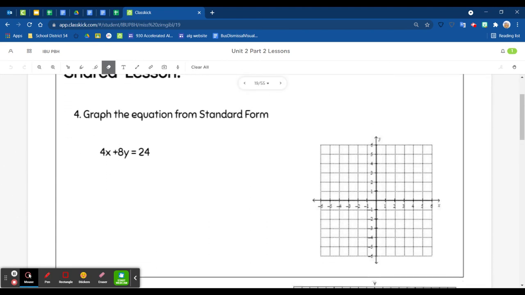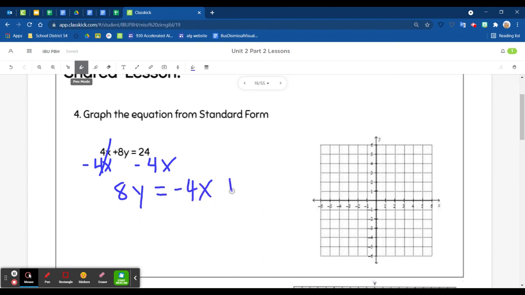All right, let's do another one. This one, we can try to graph it by putting it in slope-intercept form. So let's start by subtracting 4x from both sides. Now I have 8y equals negative 4x plus 24. And then my last step is divide by 8.